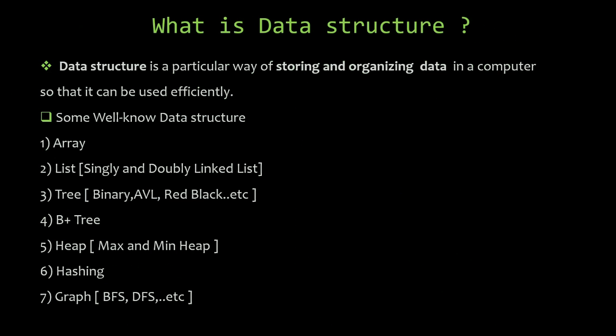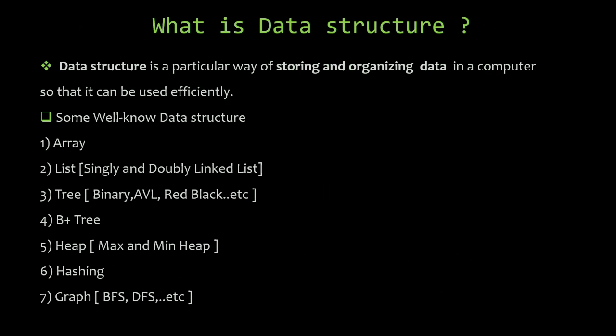In tree there are different kinds like binary tree, AVL, red-black tree, and B and B plus tree. So these are the tree variations. Then heap data structure is also there, which is max and min heap. Then hashing and graph. In graph, like BFS, DFS, breadth first search, depth first search. So these are the different types of data structures in which you can store and organize your data.